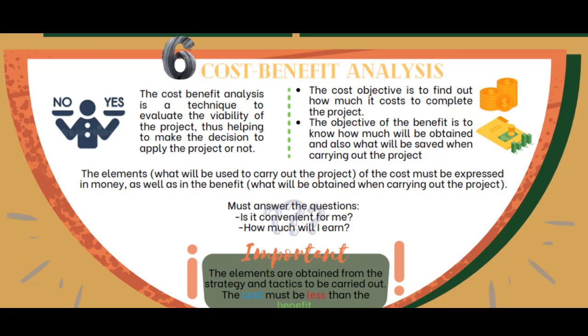The objective of the benefit is to know how much will be obtained and also what will be saved when carrying out the project. A list of elements must be included in both the cost and benefit sections with their respective amount of money. The elements are obtained from the strategy and tactics to be carried out.